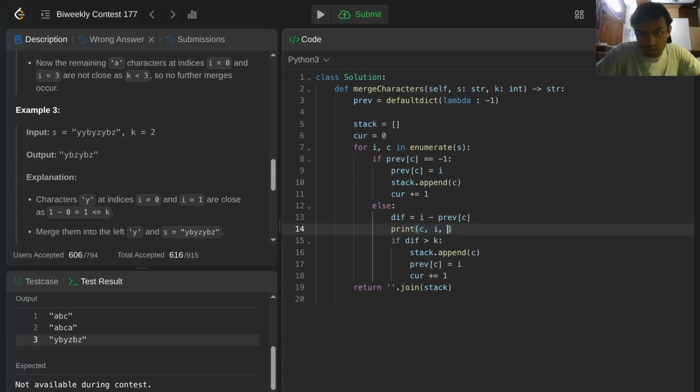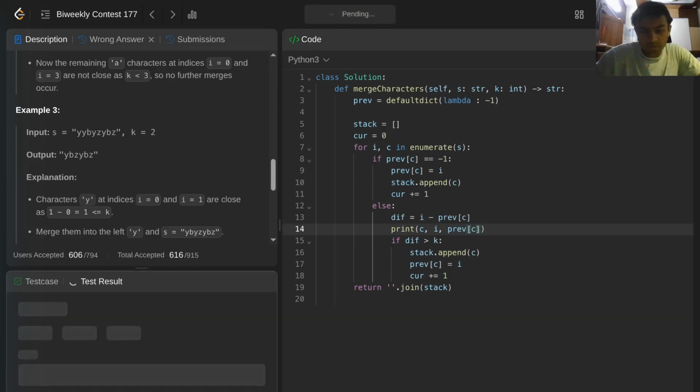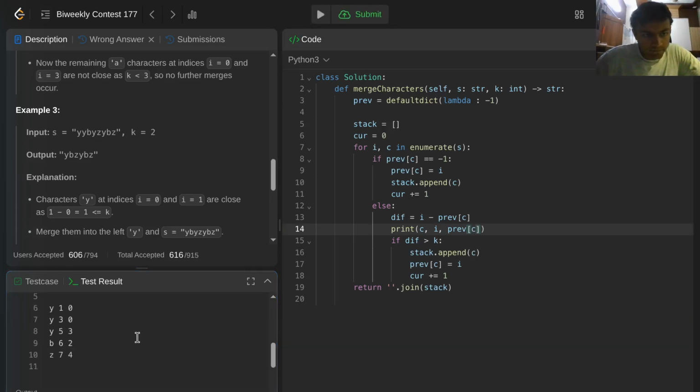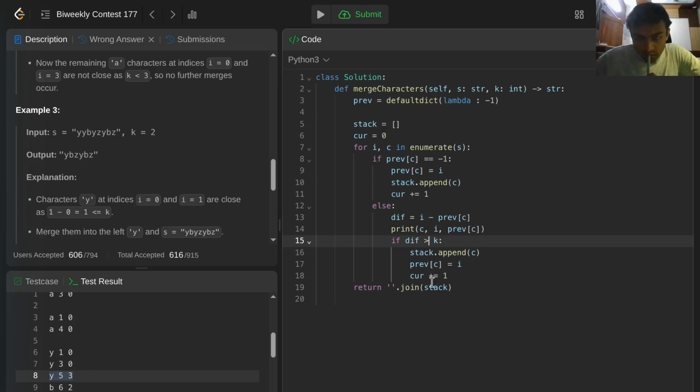Okay, c comma i comma previous of c. So y1, y3, y5. Okay. If y is greater than k.